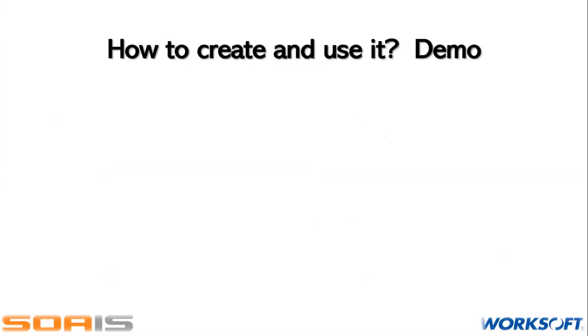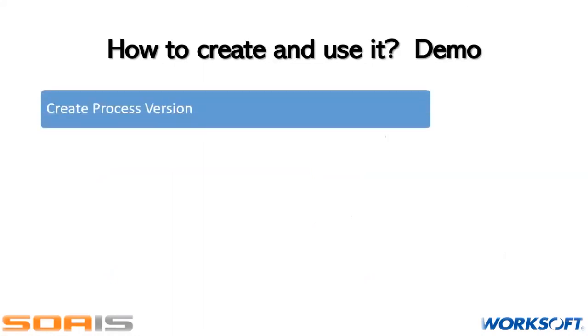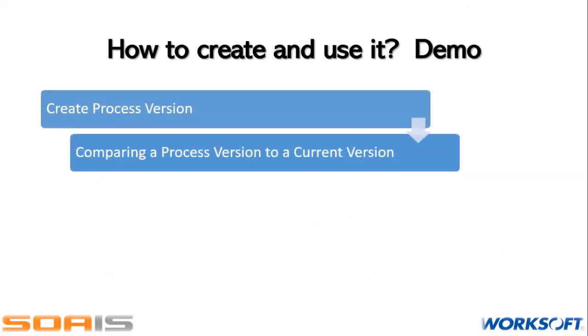Now let's see how to create and use it. I will show the demo. Just give me a minute, I will share my Certify screen. Before that, in this demo section we will see the following things. We will see how to create a process version. Next, comparing a process version to the current version, and here we'll see the merge inside the compare report.